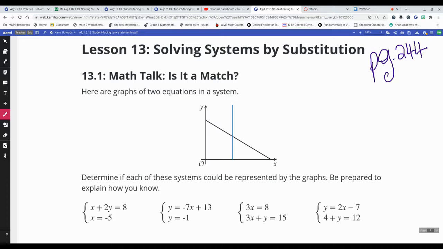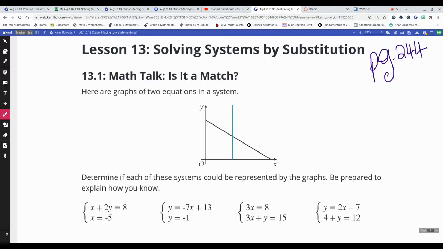But before we do that, let's use what we learned about graphing lines to help us reason about this problem right here. So take a minute to read it, and then we'll discuss. So it says, here are graphs of two equations in a system, right?